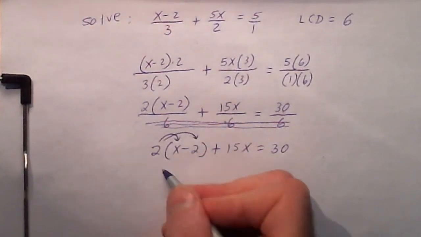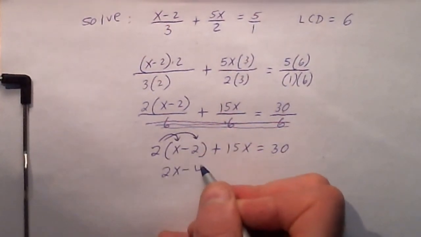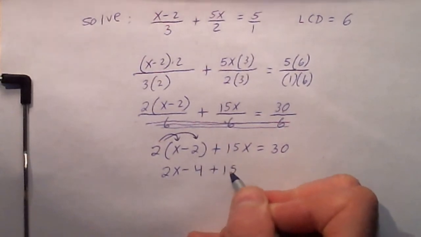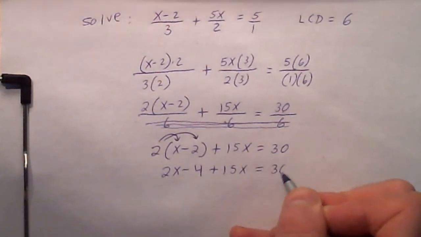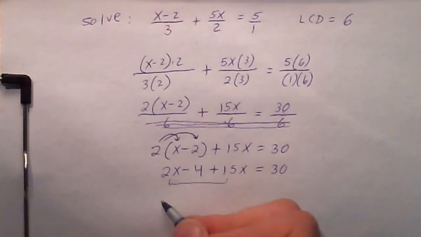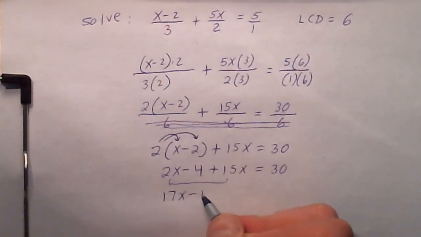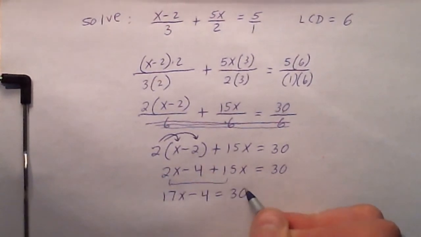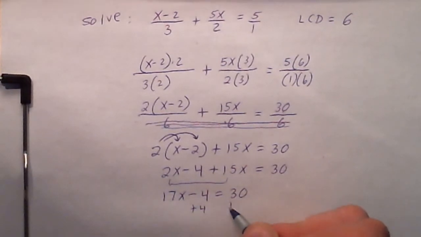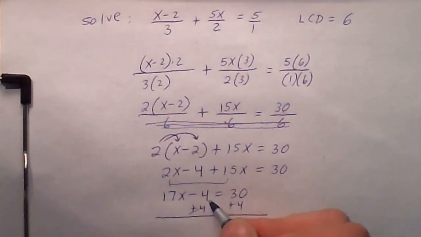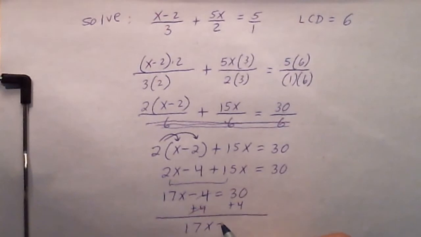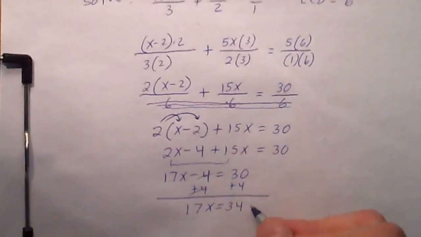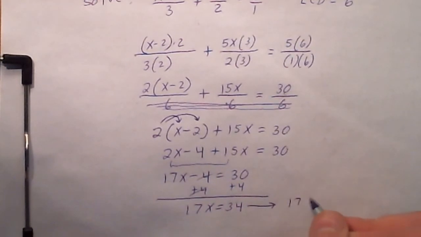We have to distribute on the left side of our equation. Then we combine like terms on the left side. 2x plus 15x is 17x. Add 4 to both sides. And then divide both sides by 17.